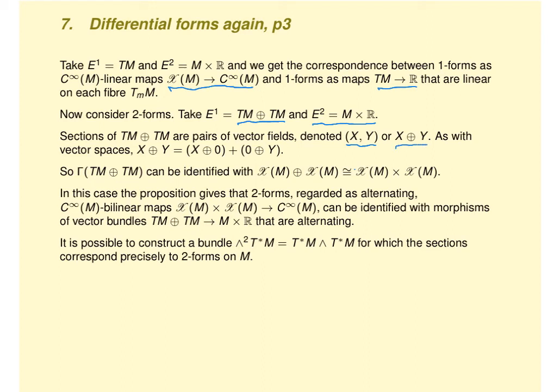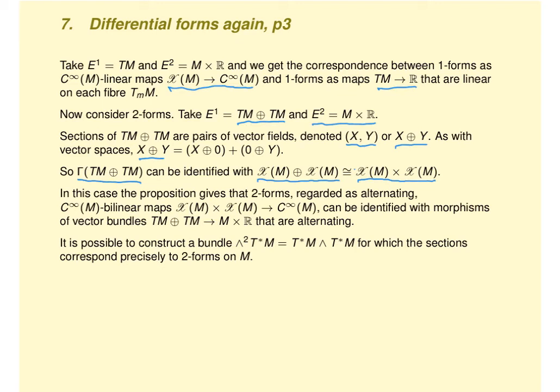And as with vector spaces, whichever notation you use, you can write these as sums of individual elements. So using the direct sum notation, x sum y is x sum 0 plus 0 sum y. So the module of sections of Tm sum Tm can be identified with pairs, the direct sum of two copies of the module of vector fields. And we could think of that as a direct product if we like.